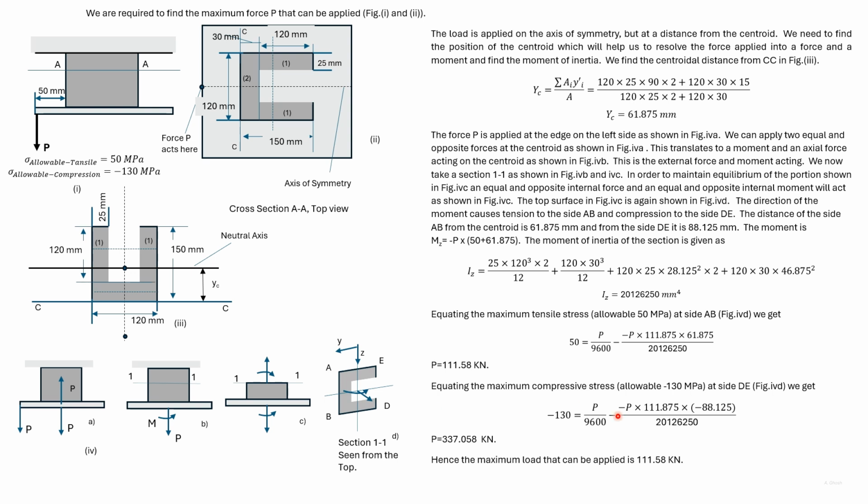Again, we have added these two up and equated the compressive stress with the allowable compressive stress. This has given us another value of P. We find that the value of P using the maximum tensile stress is lower. So this is the value of P that can be applied to the structure without failure.